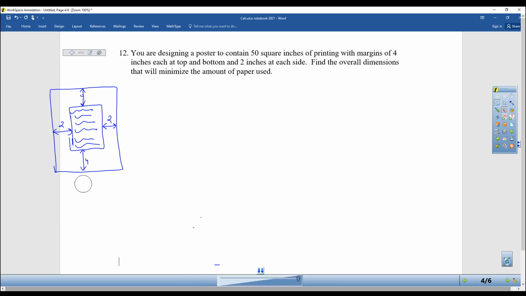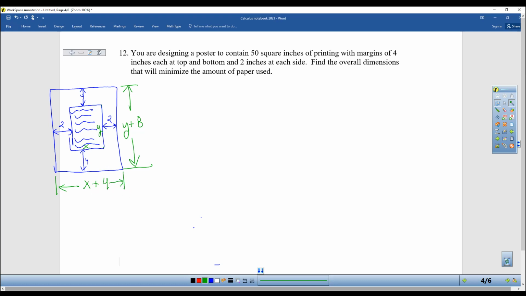But the problem is just so much easier if you let the interior dimensions be X and Y, and then let the outer dimensions be y plus 8, because it's this distance y, and then there's a 4 on either end. And this dimension, the outer dimension, is going to be x plus the 2 plus the 2, which is 4.